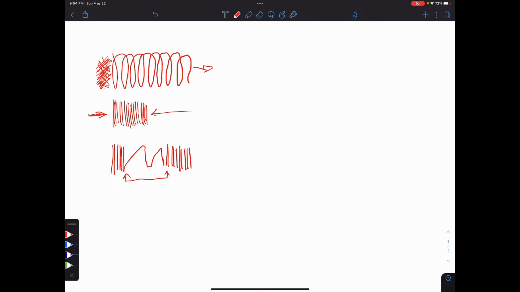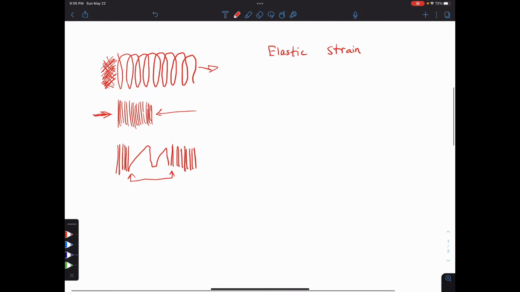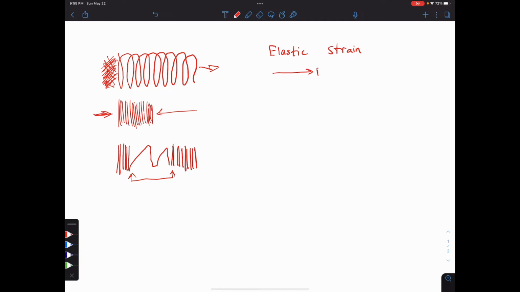Now, when we talk about strain, there's two kinds. Let's talk about the first kind, what we call elastic strain. Elastic strain is strain that will reverse itself when the load that's applied is removed. So you apply a load and something stretches, say from here to here, and when you let the load go, it springs back.